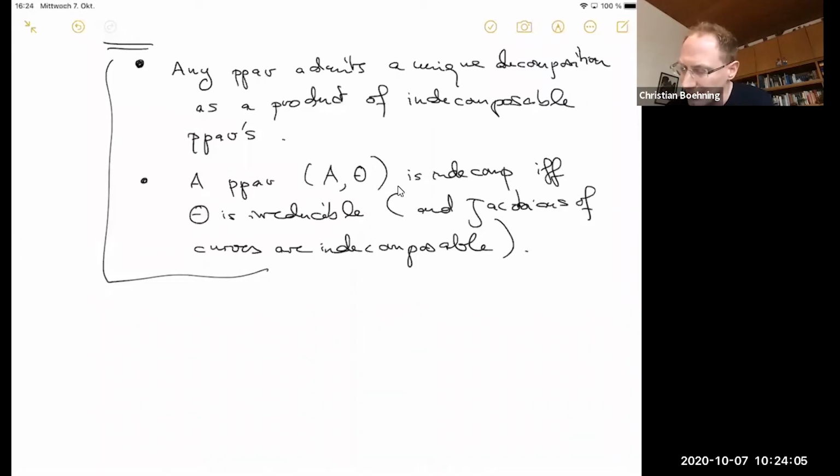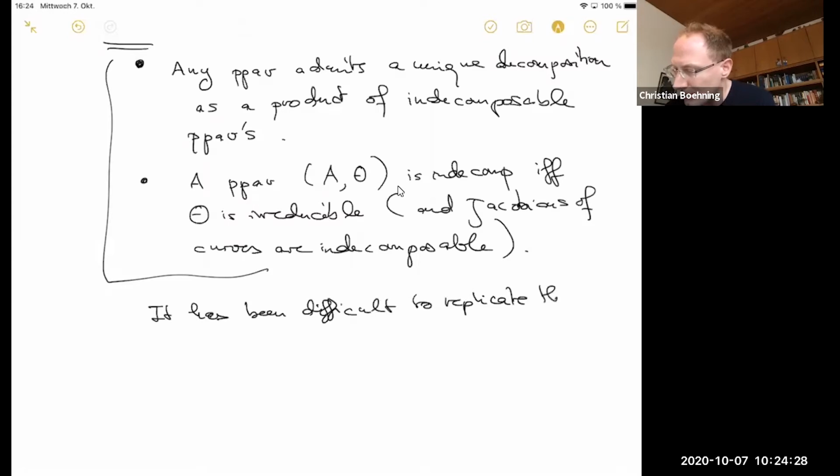And so the primary problem in other contexts, at least in my mind, has been that it has been difficult to replicate these good properties of unique prime factorization in other contexts. So I want to talk about two.